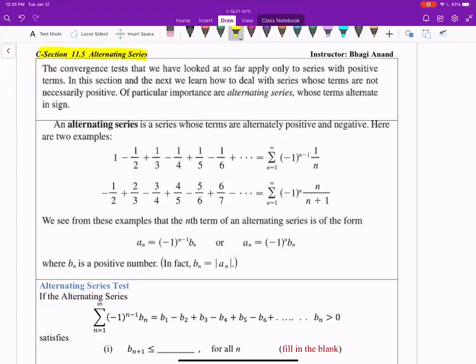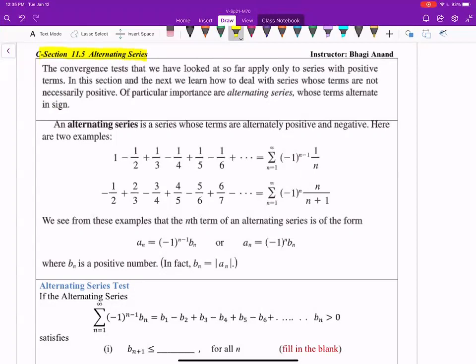Then we saw the comparison test, limit comparison test, and also the integral test. So all the tests that we have done so far pertain to series of positive terms. So all the terms are positive.